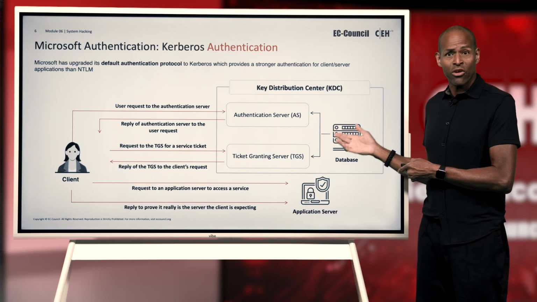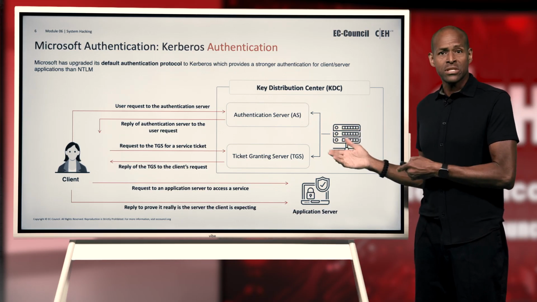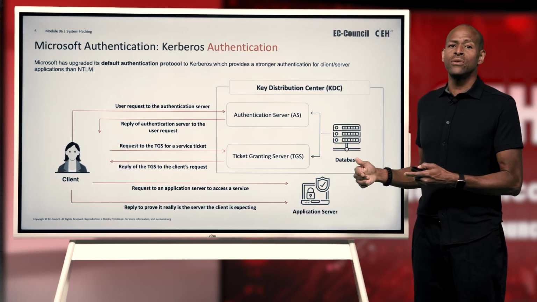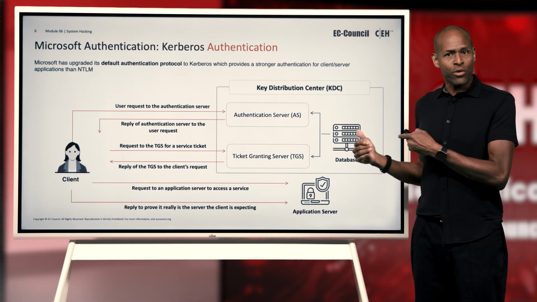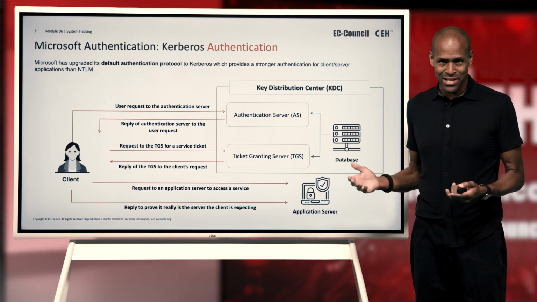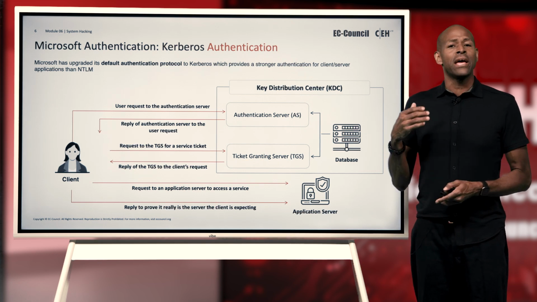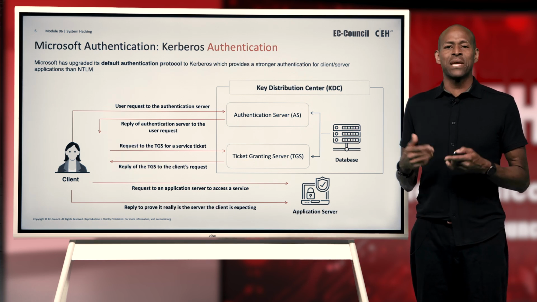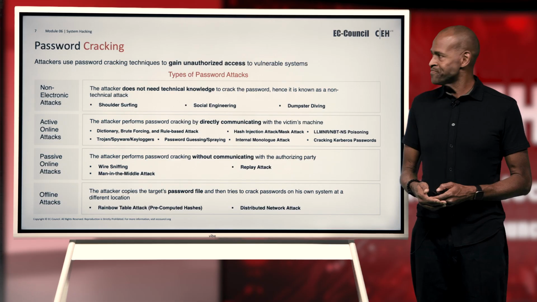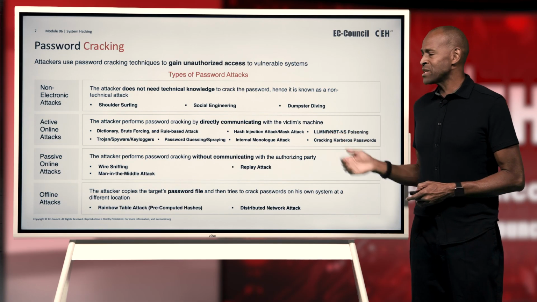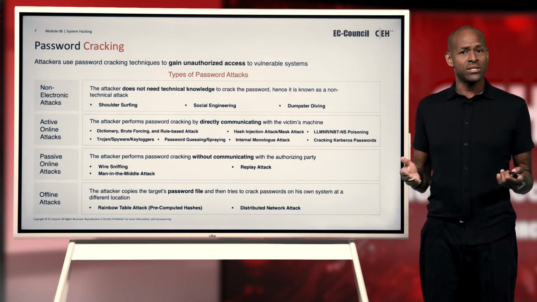They'll be granted a ticket granting ticket and make use of that ticket granting ticket to get to a resource. In order to get to that resource, you have to be granted a ticket. So there's a difference between ticket granting tickets, and we'll explore that a little bit more as we get into hacking Active Directory.